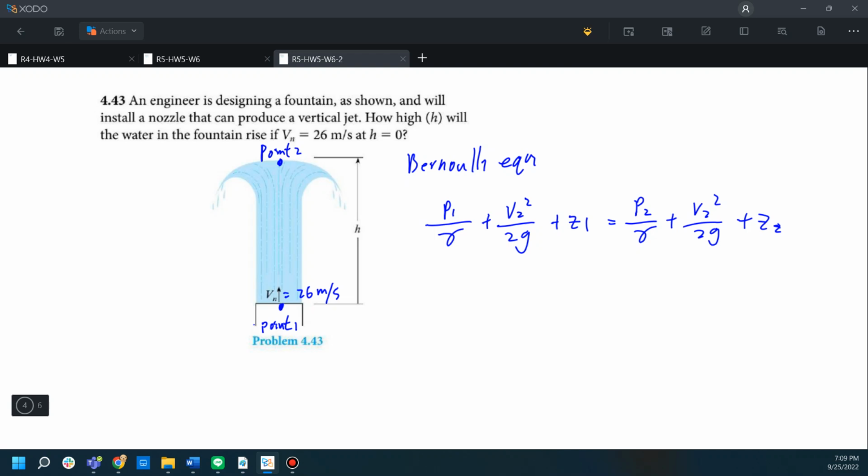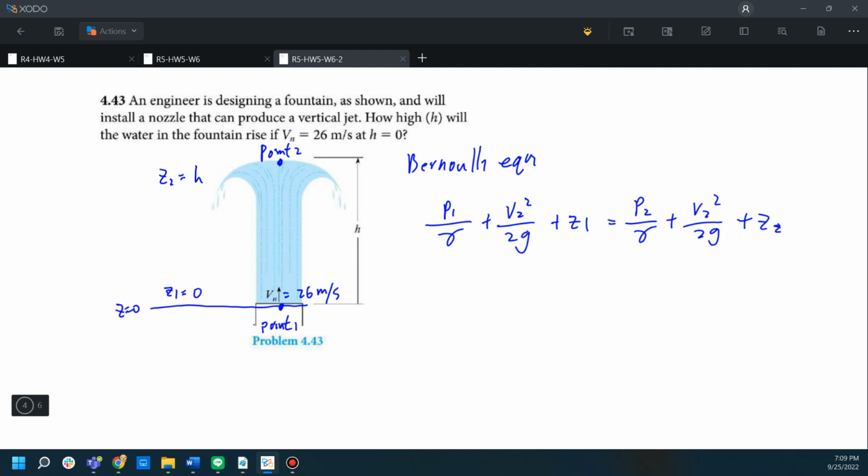Okay, so we will need a variable for the pressure, the velocity, and the height. So we first define the data at this nozzle as z equal to 0. So we know that z1 is equal to 0 and z2 is equal to h, which is the information that we want to solve.